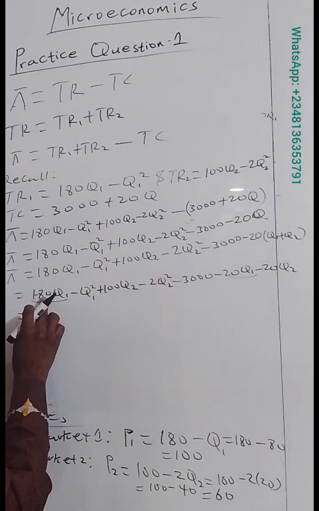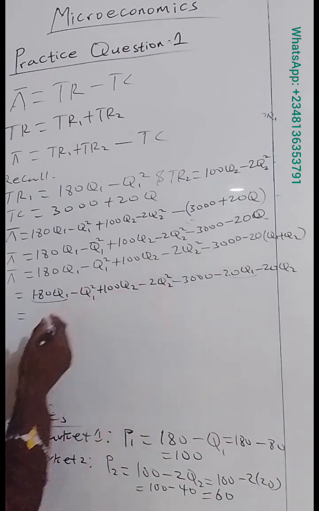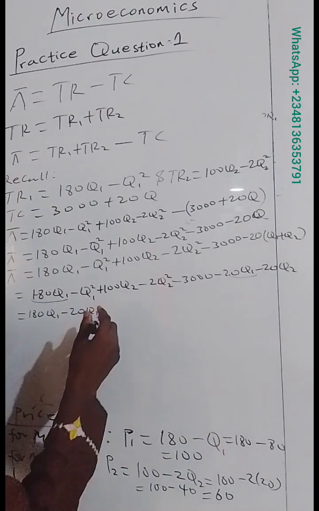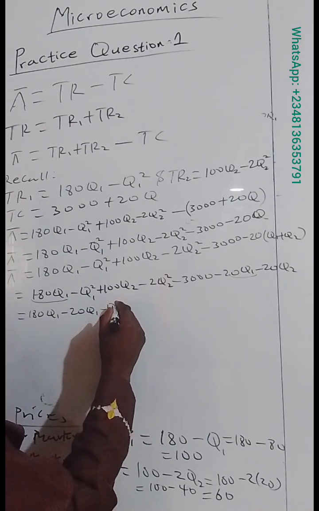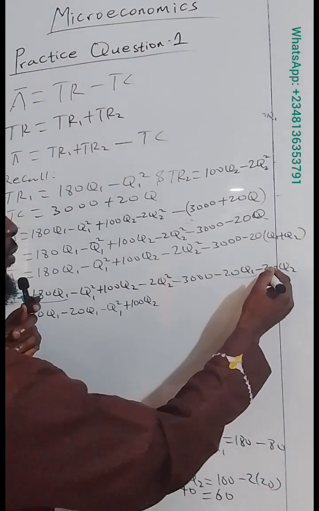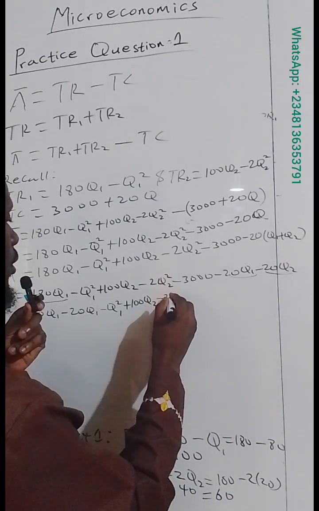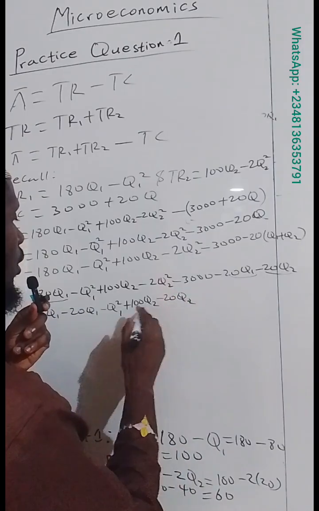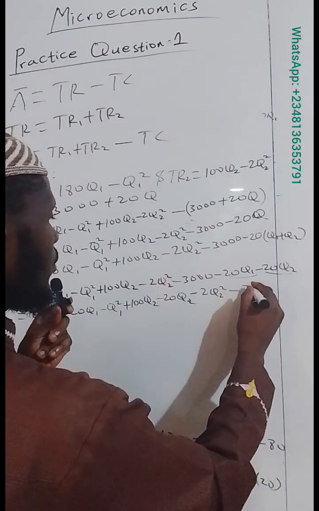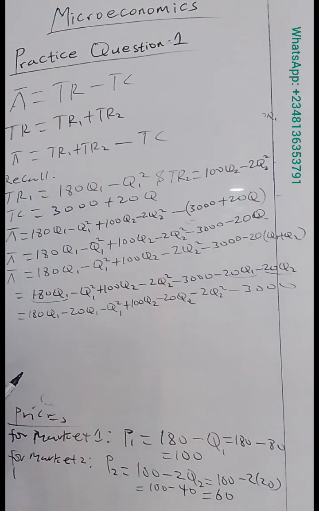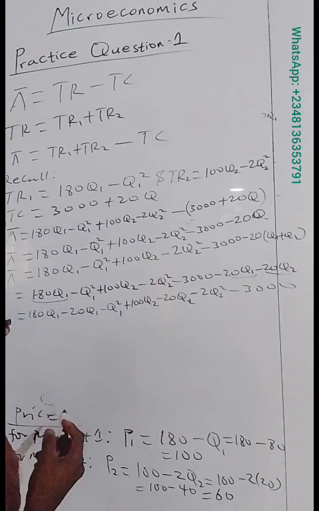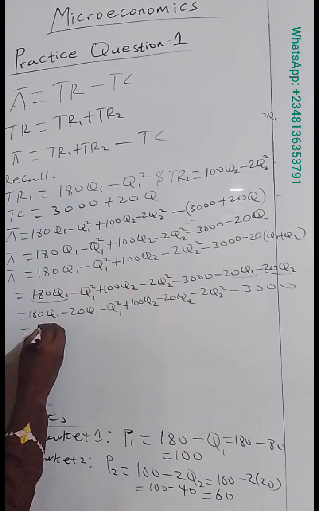Here we are going to have 180Q1 minus 20Q1, then minus Q1 squared, then plus 100Q2 minus 20Q2, then minus 2Q2 squared, then minus 3,000. So this one is equal to 160Q1.